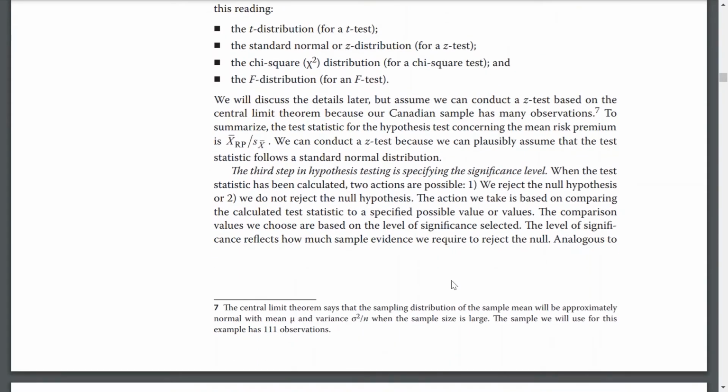When a test statistic has been calculated, two actions are possible: one, we reject the null hypothesis, or two, we do not reject the null hypothesis. The action we take is based on comparing the calculated test statistic to the specified critical value or values. The comparison value we choose is based on the level of significance selected.